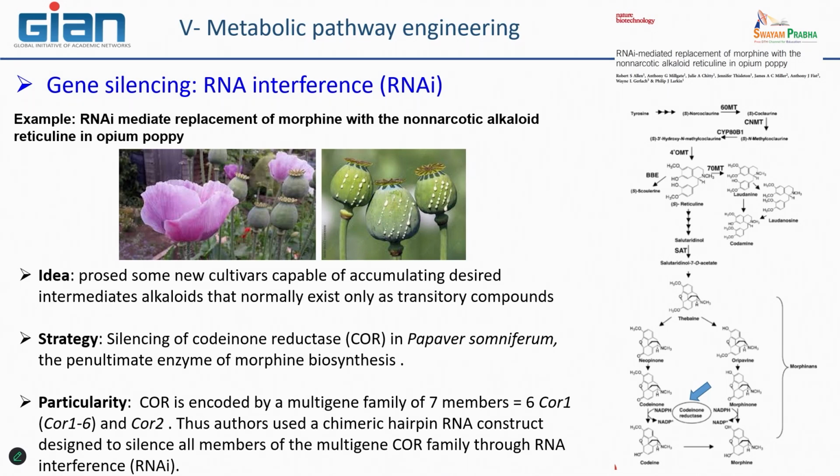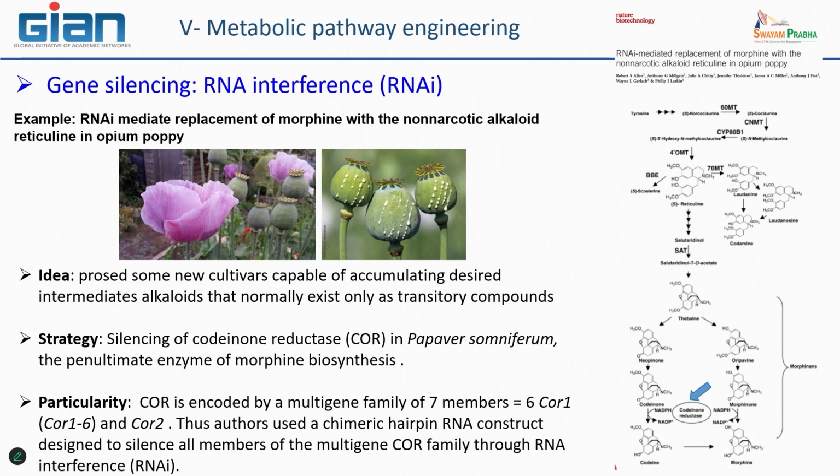Morphine is well known, but some of the other intermediates could have specific interest. So their proposed strategy was to silence the enzyme that leads to the precursor of morphine, in order to accumulate the other intermediate alkaloids.